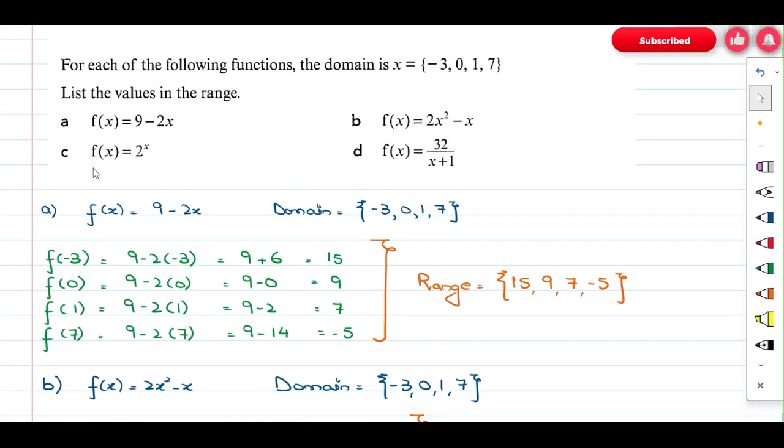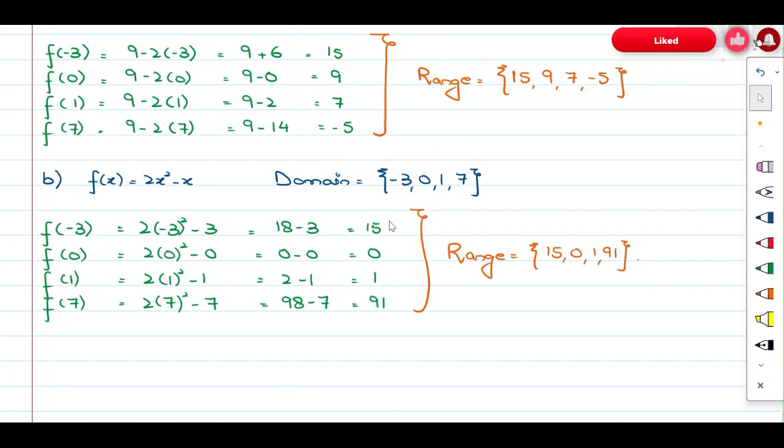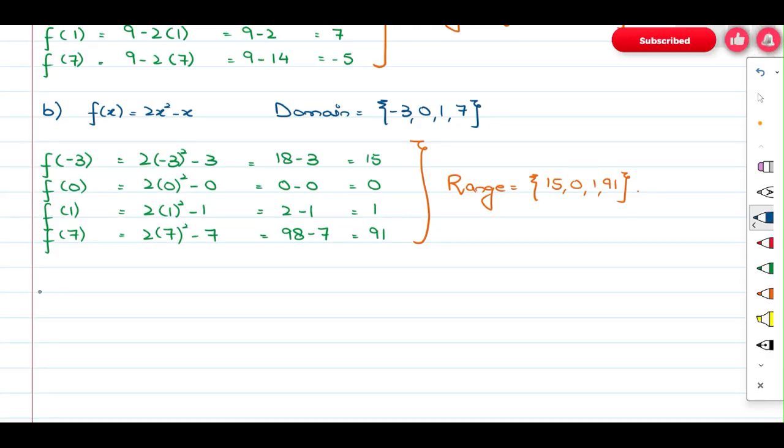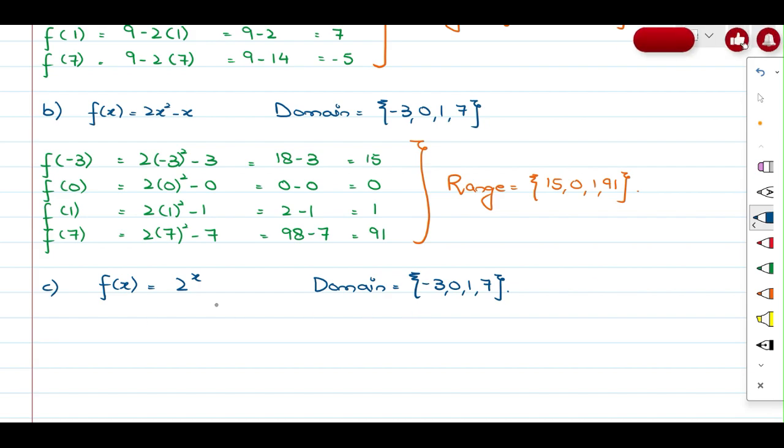Okay, now let me do part C, 2 to the power x. For part C, we have the function f of x is 2 to the power x, and the domain of this function is given to us, which is -3, 0, 1, and 7. This is the domain or the inputs, right?